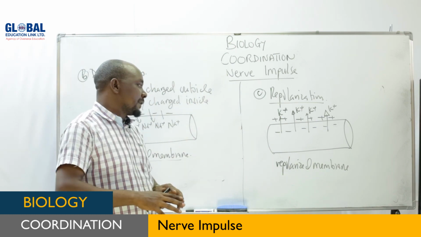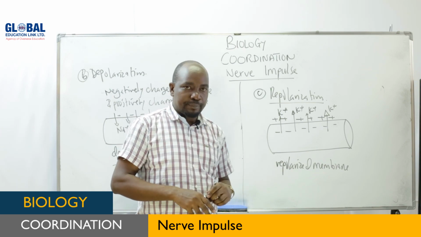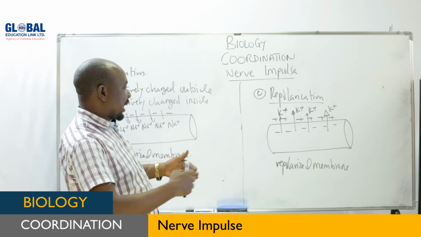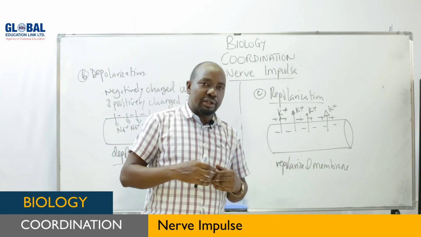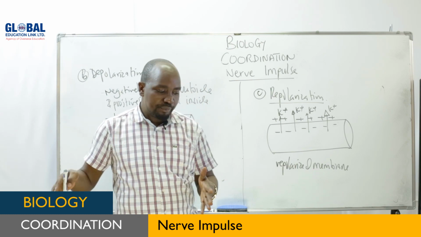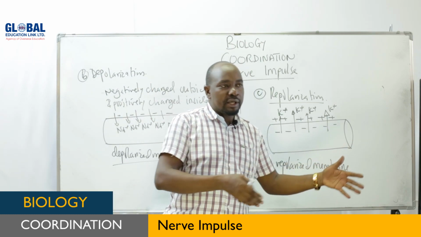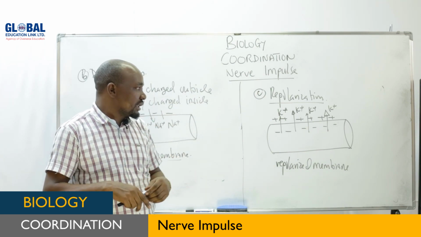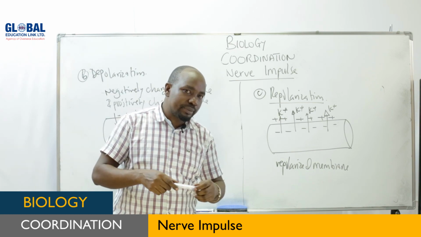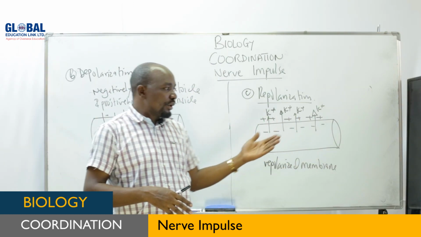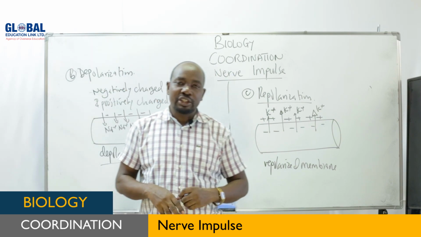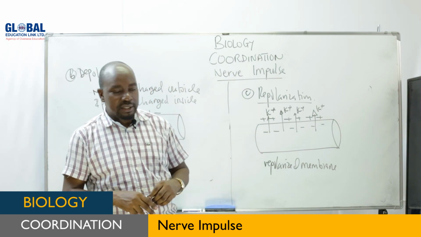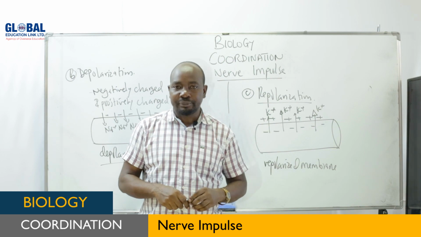So the difference is ion distribution. And this happens after the conduction of the nerve impulses. When the nerve impulse has been conducted, the neuron has to restore to its origin, or regain its polarity. Dear student, after knowing this, let us have a short break. Then when we come back, we'll see question number 3.